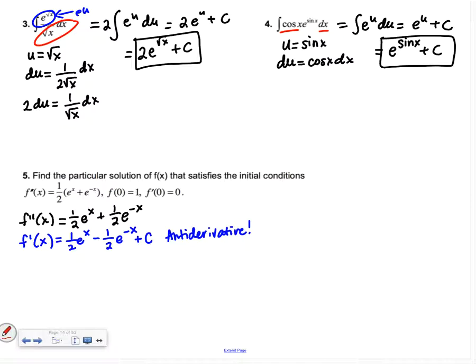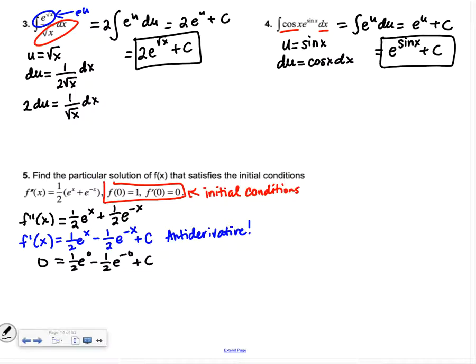And then these, the f of 0 and f prime of 0, these are what we call initial conditions. Okay, so that's why it said that satisfies the initial conditions. So that allows you to solve for any c value. So it's saying when I plug in 0 into the f prime equation, I should get an output of 0.